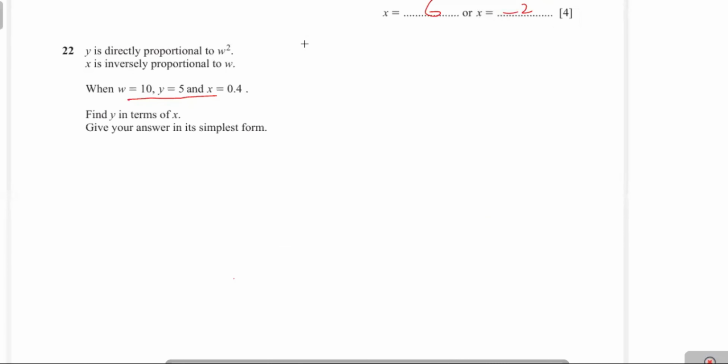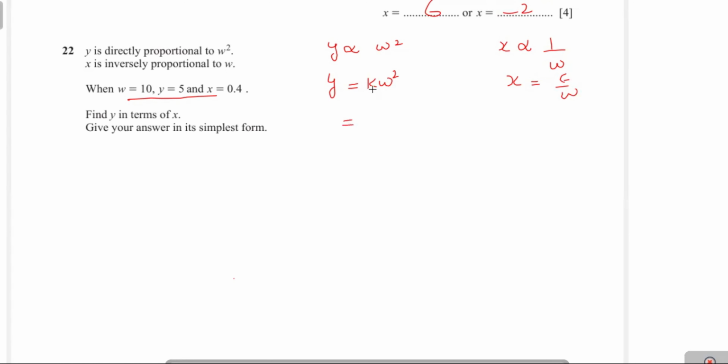Question number 22, y is directly proportional to w square and x is inversely proportional to w. We write y is directly proportional to w square and x is inversely proportional to w, and we can write it as y equal to kw square, and this can be written as x equal to c over w. Here k is a constant, here c is a constant.